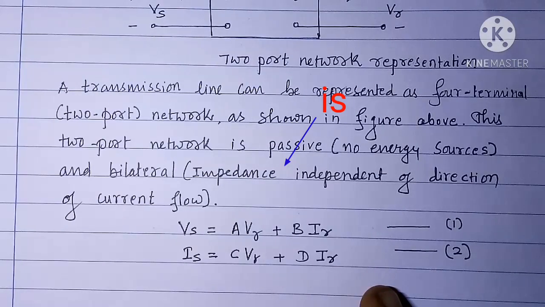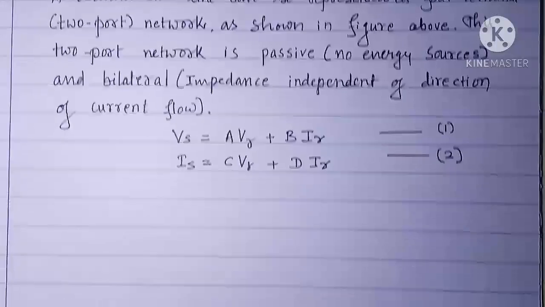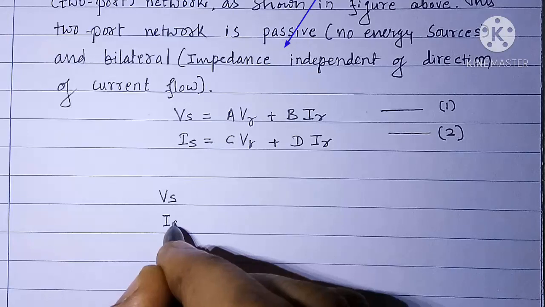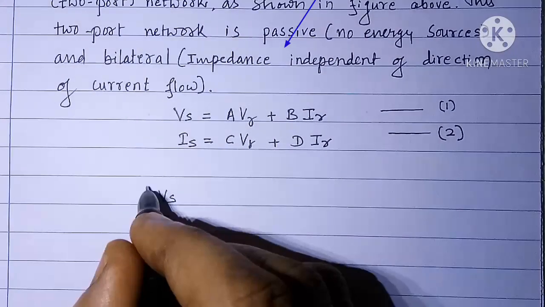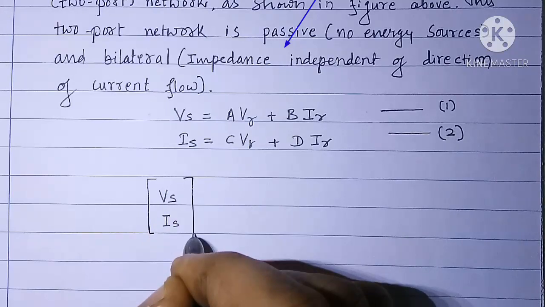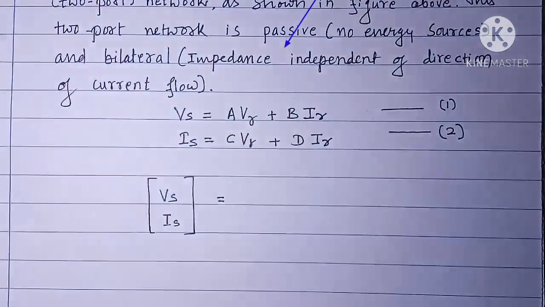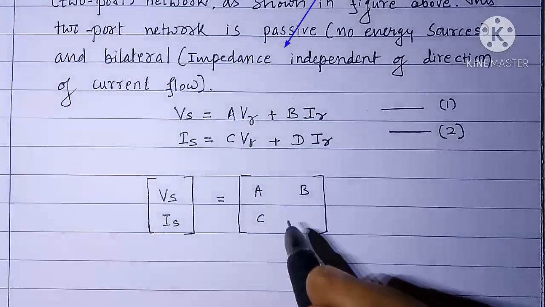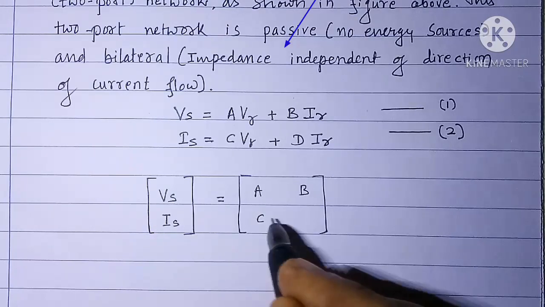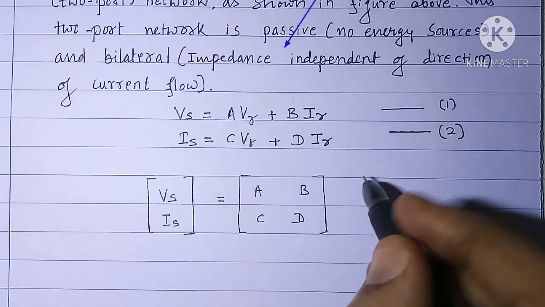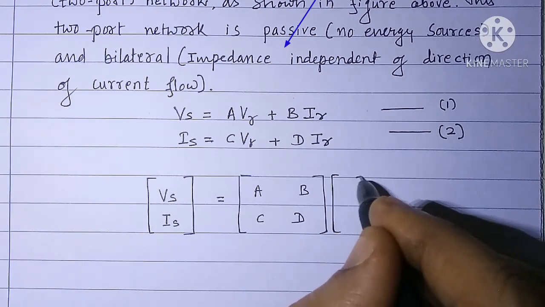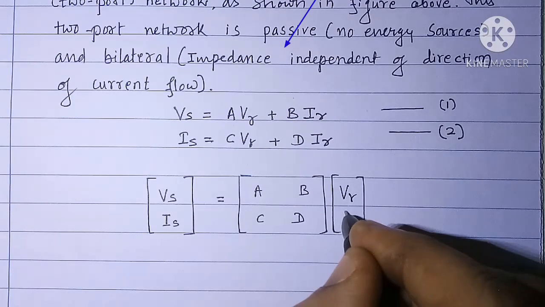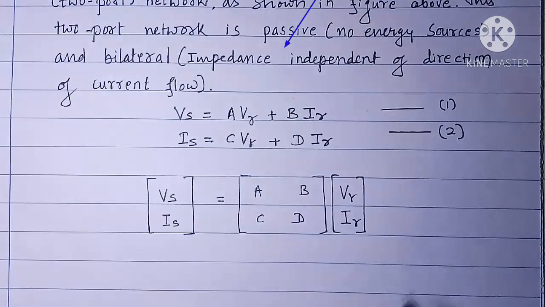Now these two equations we can write in matrix form as column matrix having Vs and Is as two elements, square matrix having A, B, C and D constants, multiplied with column matrix having elements Vr and Ir.